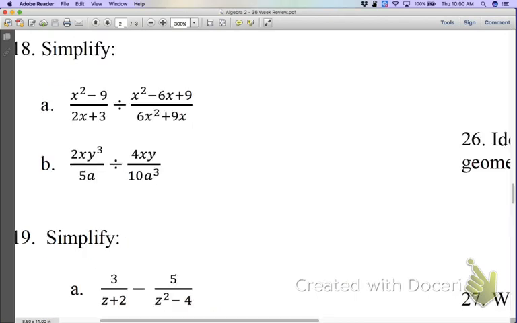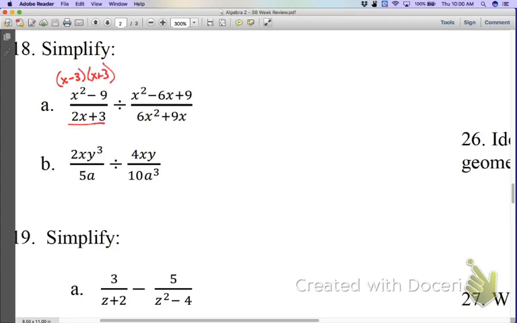With 18a, since I don't have a whole lot of room here, I'm going to do as much as possible. I'm going to factor. So I have x squared minus 9, which factors to x minus 3 and x plus 3.